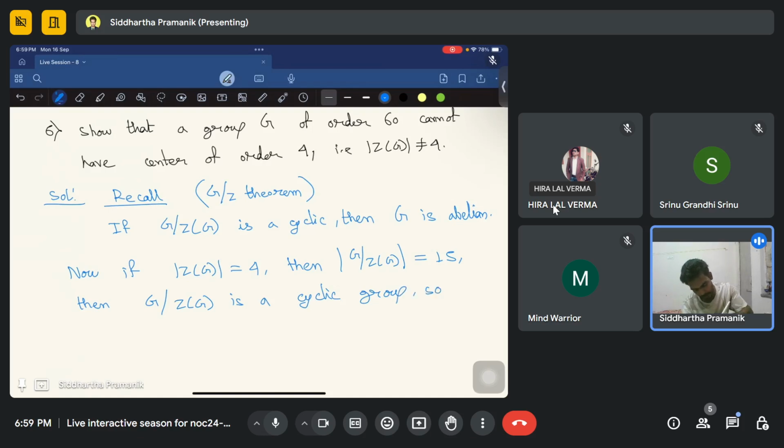So this implies G is an abelian group by the G mod Z theorem.